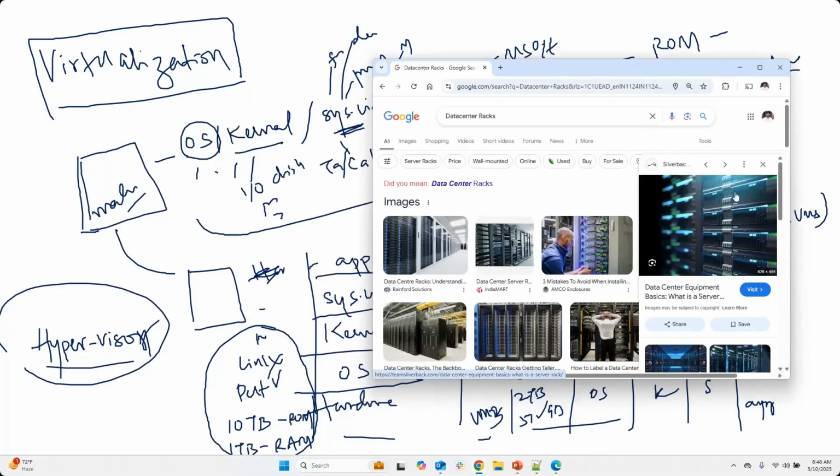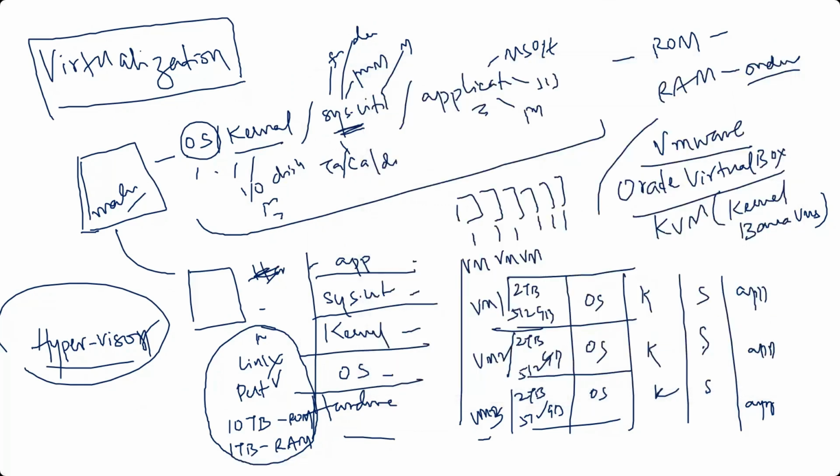What typical companies do is they'll buy one full rack, which is like 5000 TB of ROM and 500 TB of RAM, and an operating system will be installed on it. It has a shared kernel and utility program. They'll deploy VMware on the rack. Okay. And they will start creating clones, virtual machines, out of that rack.